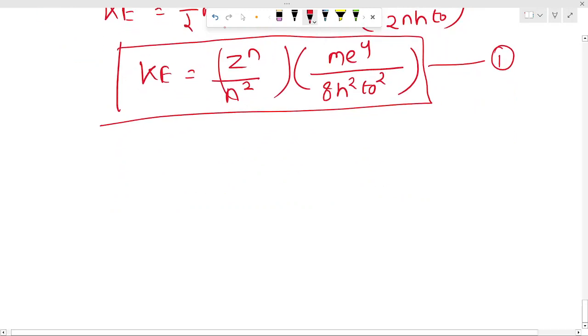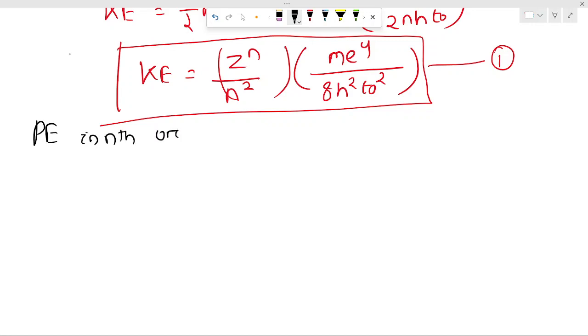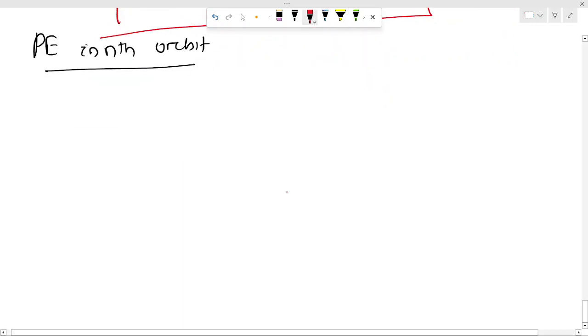Let us calculate the potential energy in nth orbit. Remember to give a negative sign here, because the electron has a negative charge and the proton has a positive charge, so we have to consider the negative sign.